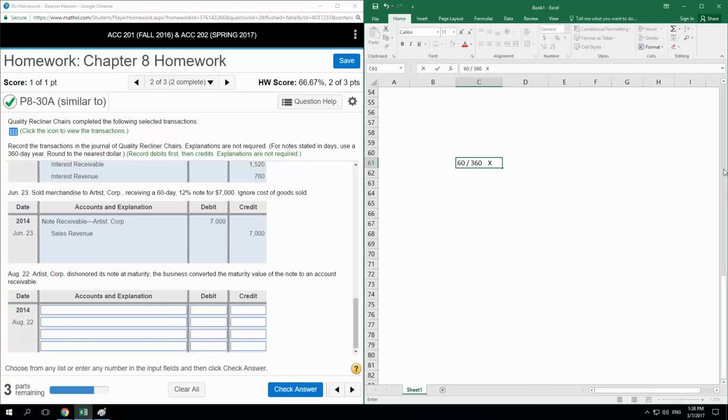And we can go ahead and multiply that by the principal and then by the rate. And the rate is 12%. So that's going to give us the interest. $140.